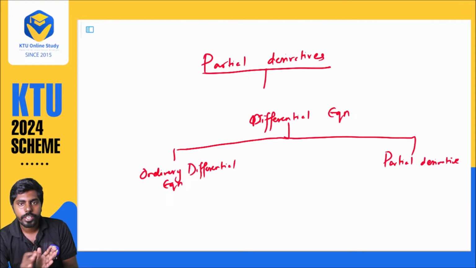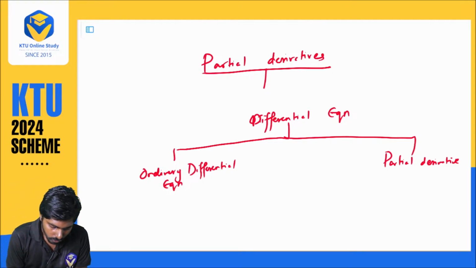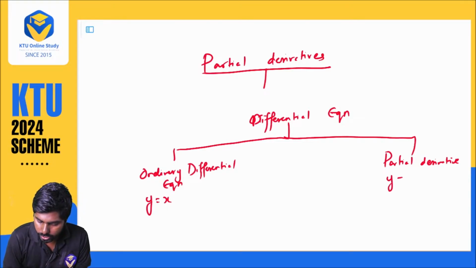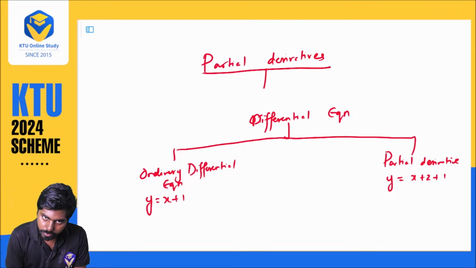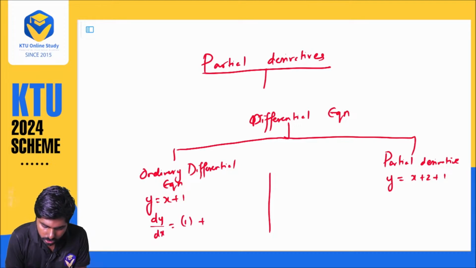You want to know the difference between both the things. Here y is equal to x. Here y is equal to x plus z plus 1. When you are differentiating the ordinary differential equation, we will be getting dy by dx is equal to 1. A constant, when differentiated, becomes 0.